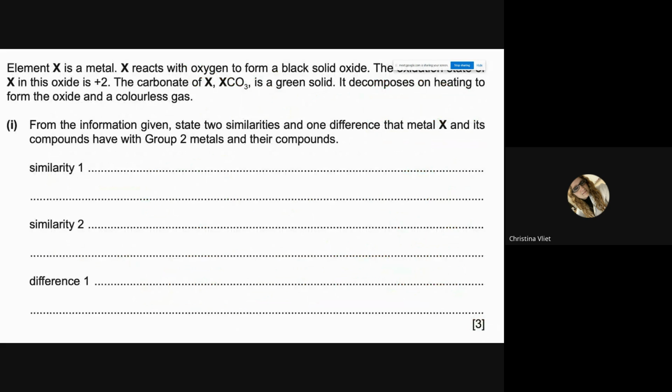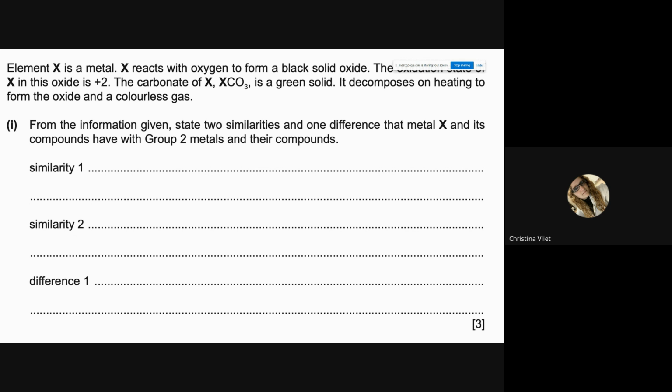All right, this is another question from paper 2 that I want to look at before we start going over the lab. Element X is a metal. X reacts with oxygen to form a black solid oxide. They give you the oxidation number of this oxide is +2. The carbonate is a green solid. It decomposes on heating to form the oxide and a colorless gas.